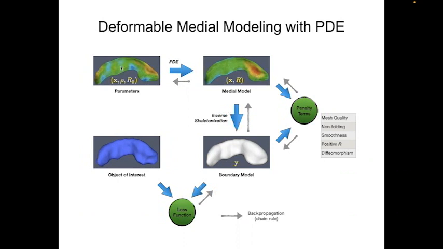Non-folding is important, and the way that we impose non-folding is that we look at the Jacobians of the little wedges that are formed by the spokes and make sure that those Jacobians are non-negative. So it's an inequality constraint that we apply at every triangle on this shape. It adds to the cost of computation.